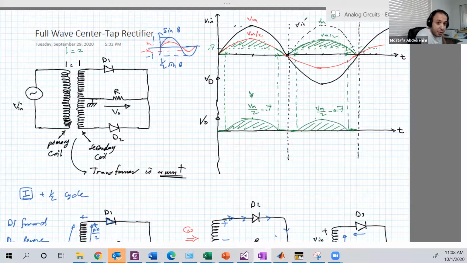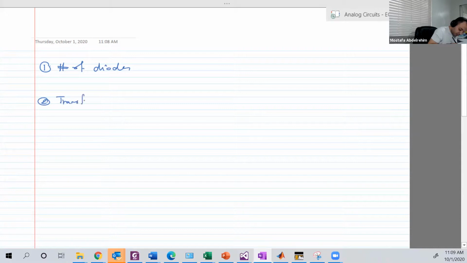So let's now compare the bridge rectifier and the center tap rectifier. We're going to compare them for some characteristics. Number 1, number of diodes. Number 2, transformer necessary or not. Number 3, Vmax in the output.